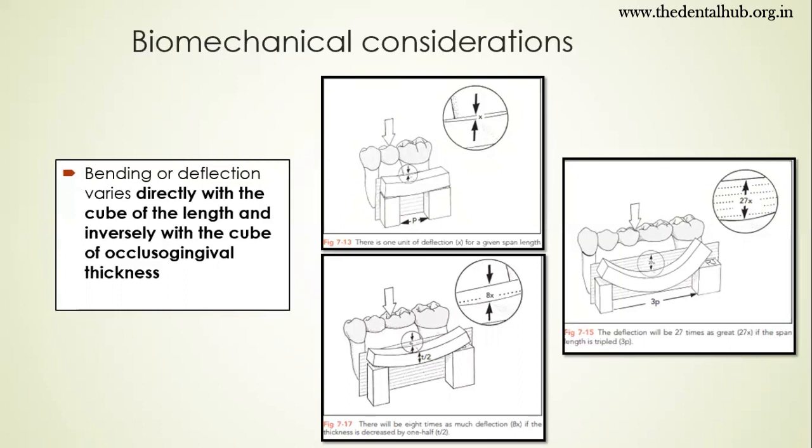In these cases, one, we must try for short spans. Second, if a short span is not possible, we can go for additional support, which I will be discussing further. And the occlusogingival thickness should be increased a little bit, but again not too much.